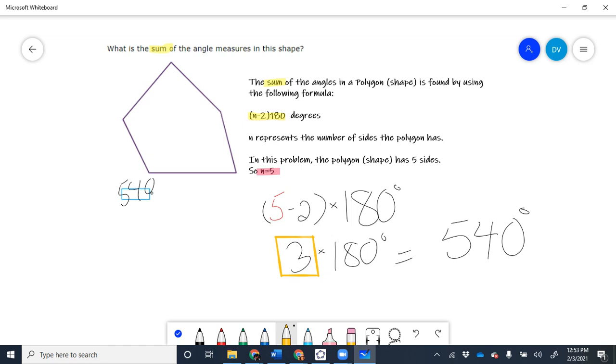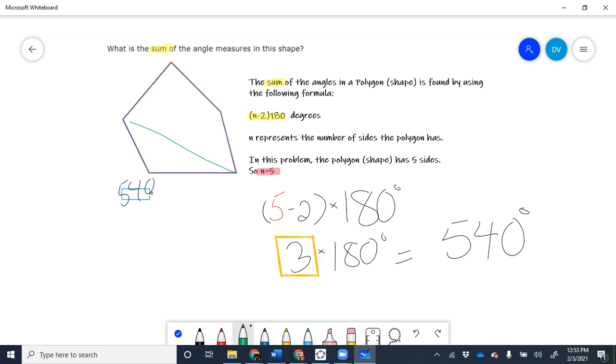Some people, like me, can understand things better if I can literally see them, if it's visual. I'm what many people call a visual learner. So we can see this not just as a shape with 5 sides, but we could break this up and think of it as 3 triangles.